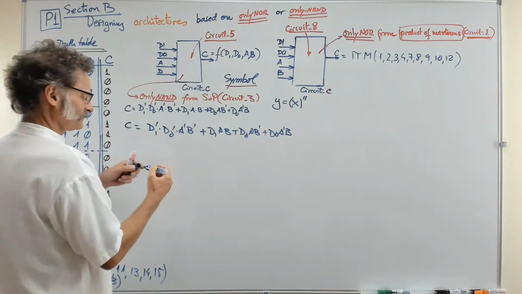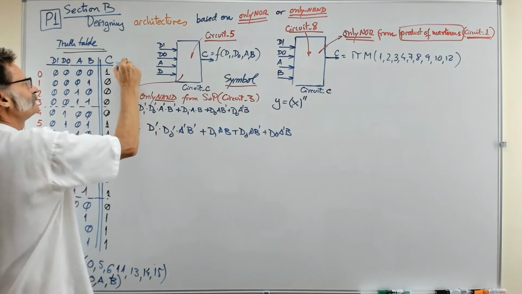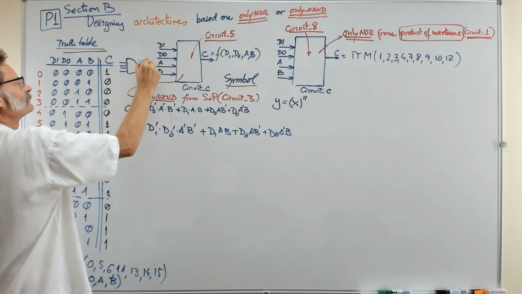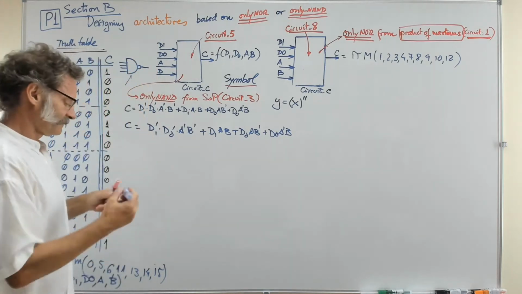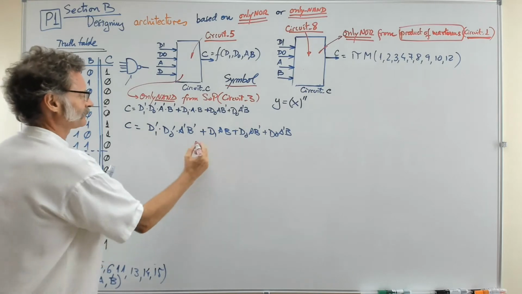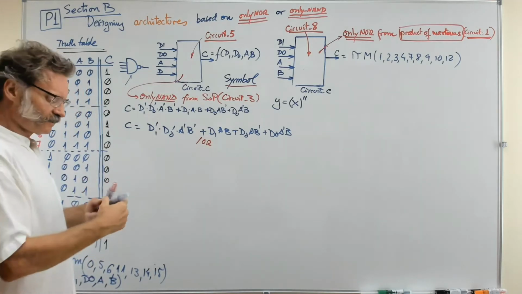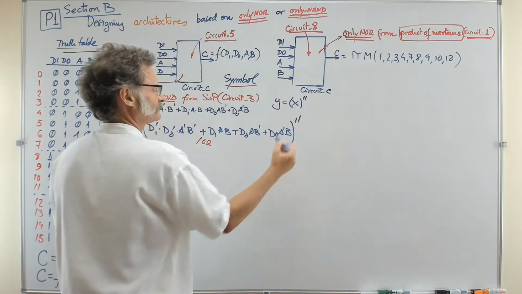The problem that you've got here, if you'd like to use only NAND, is that the NAND is a gate like this. So there is only AND here, and this is OR. So we are going to do that thing of noting twice the equation.